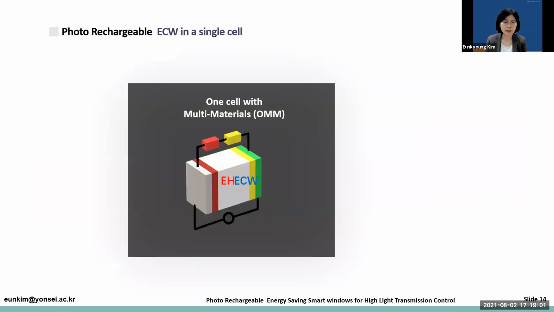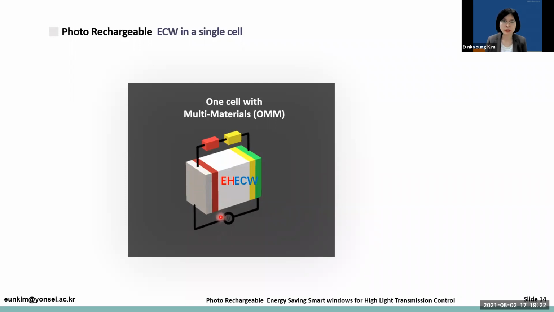Having such a circuit-connected photo-rechargeable EC window, we now explore a single device system, considering that the counter electrode of the EC window for low voltage driving is composed of a metal oxide like titanium dioxide nanoparticle.